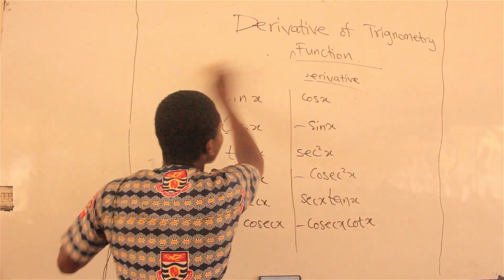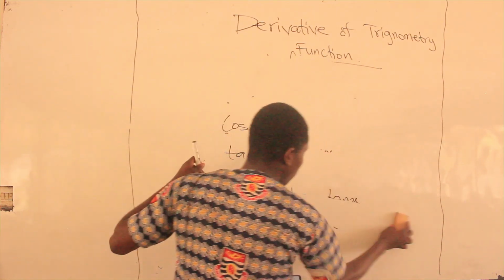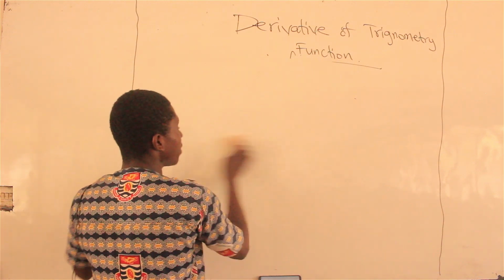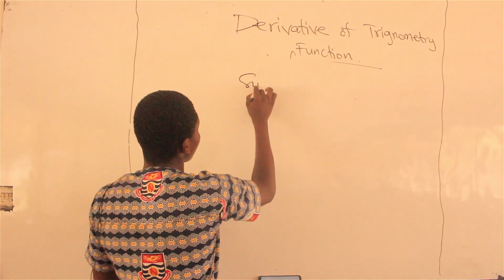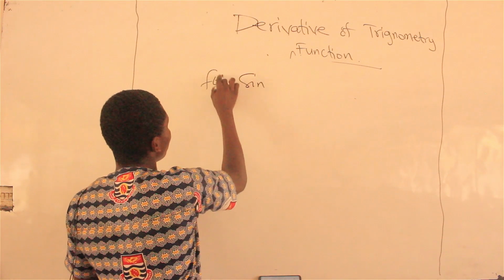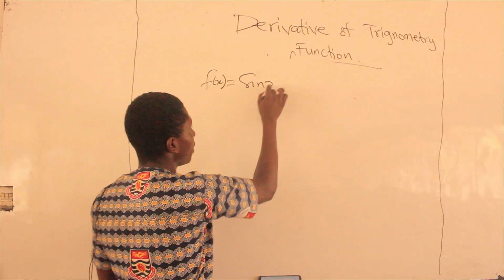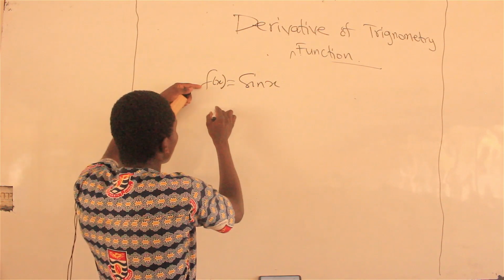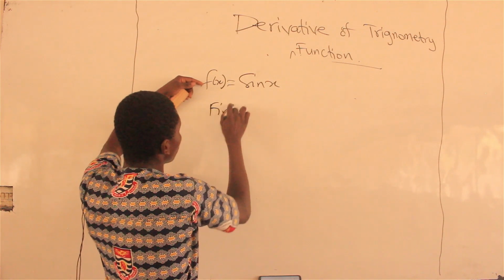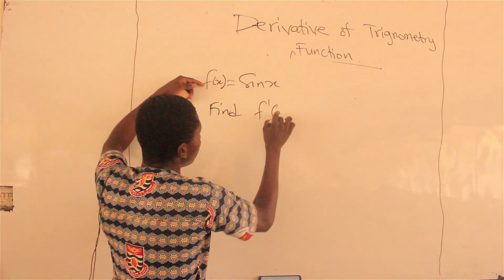So let's take sine. If f of s equals sine s, assume that we should find the derivative.